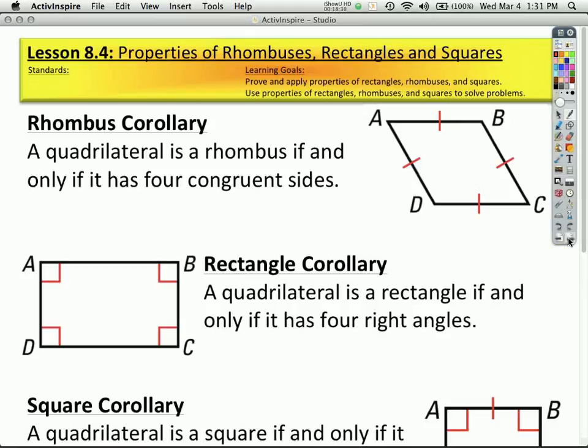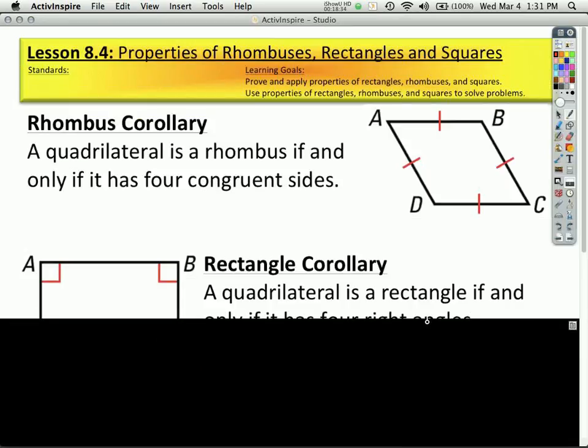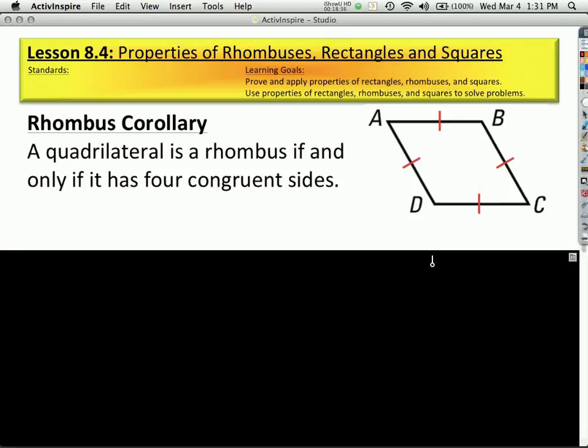All right, so now, the ideas that constitute the properties and differences. On your cheat sheet, find the first three corollaries.